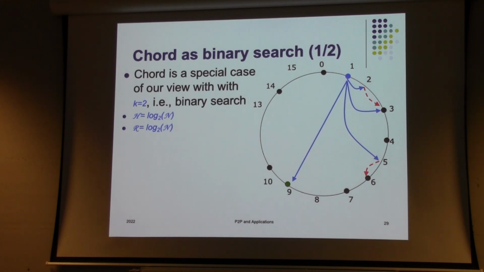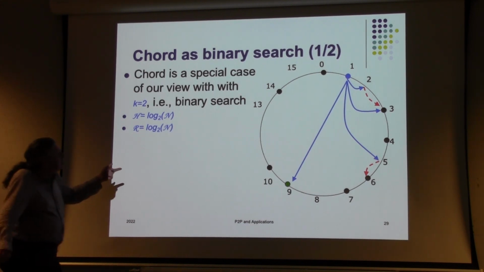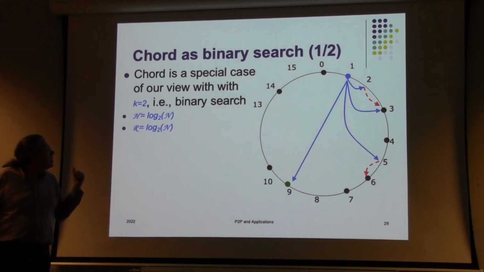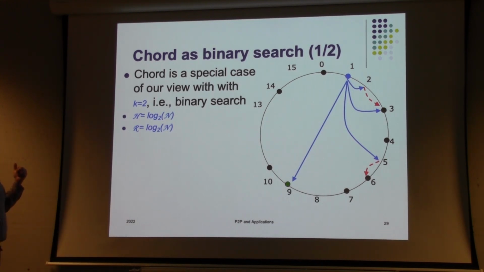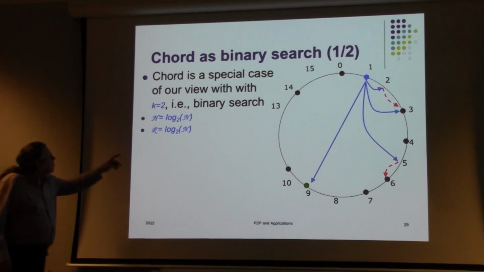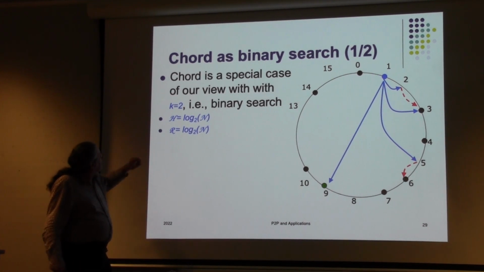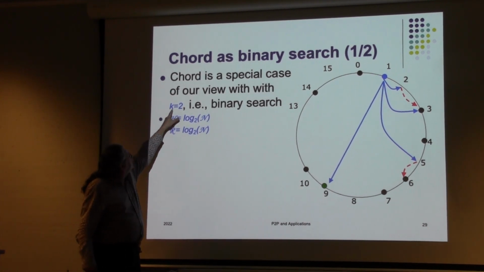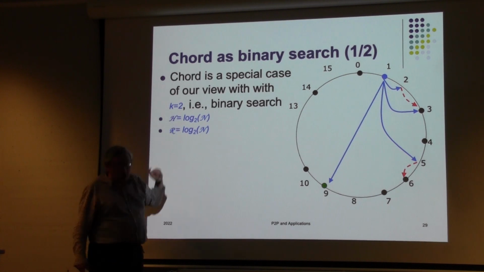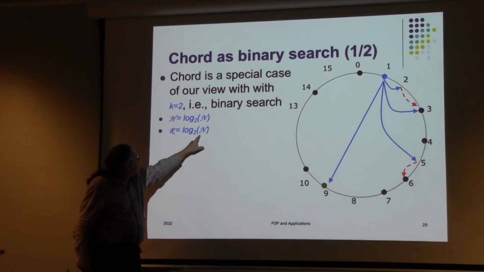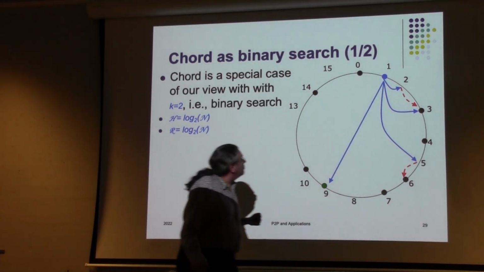Okay? So Chord, the one I showed you in the beginning, is actually a binary search. So the number of hops is log base 2 of n. The number of routing table entries, k, is equal to 2, so k minus 1 is equal to 1. So the size of the routing table is log base 2 of n.